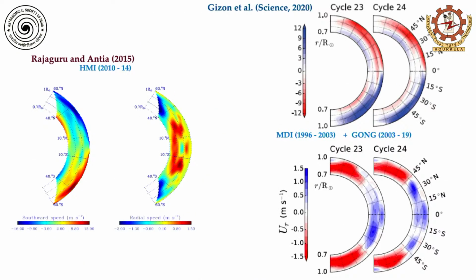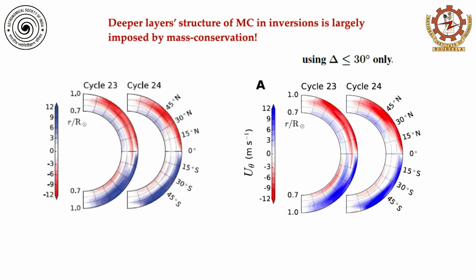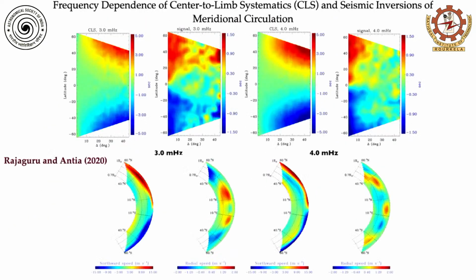I will skip this. So this is again what I just explained. There are 2 measurements, ours and the latest measurements, that find a single cell circulation. I'll skip this. One more problem, whether these results are trustable or not, again came from my own finding.